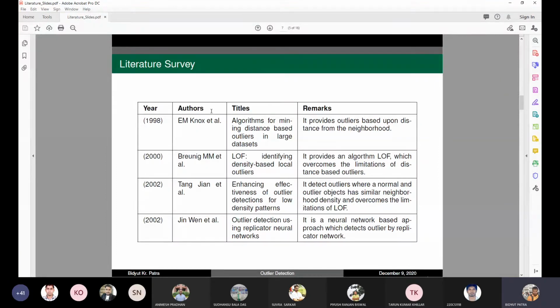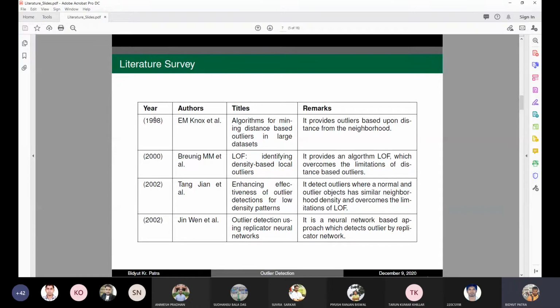So there are earlier techniques. I said the technique introduced in 1998 is distance based. The algorithm is something like this, as we talked about in the last class: a point will be called an outlier if it is away from a certain percentage of the points.